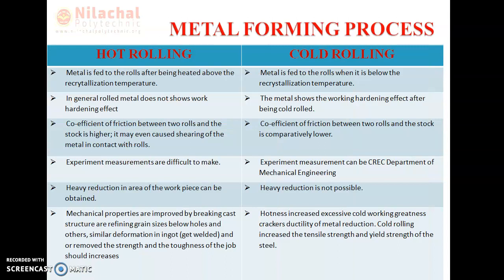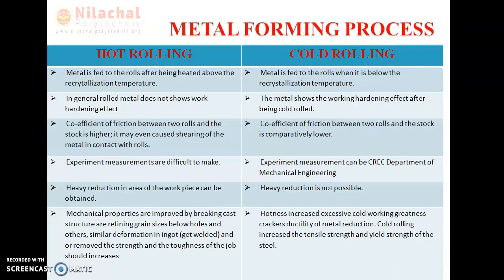Now some differences between hot rolling and cold rolling, after having the advantages and disadvantages of hot rolling and cold rolling. Now we can compare the difference between hot rolling and cold rolling. First of all, let us discuss some points about hot rolling. Thereafter we go to cold rolling.